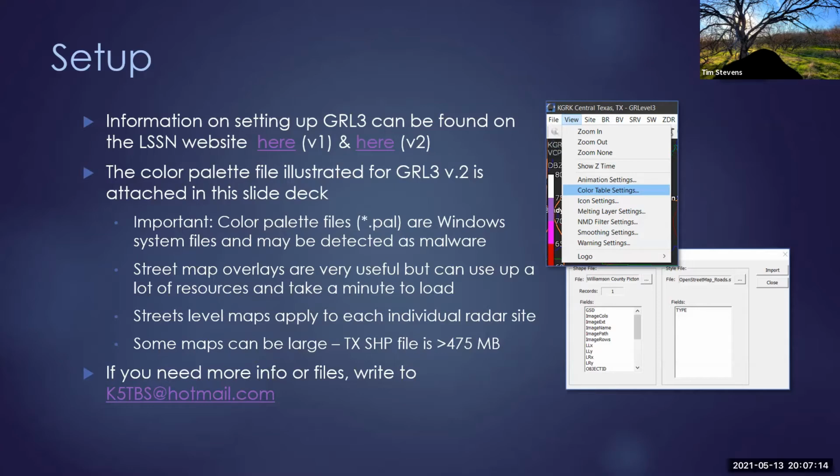A note about it, if you're going to start loading all these files, the computer that you use needs to have a bit of horsepower. As an example, the shapefile that defines the state of Texas is 475 megabytes. It's a really big chunk of data.